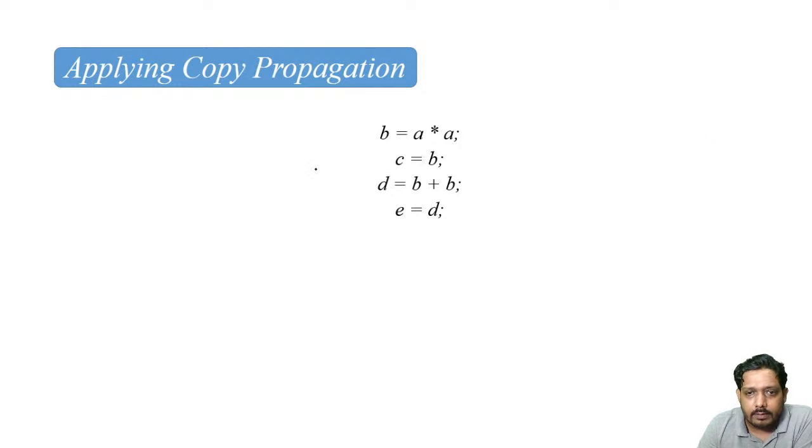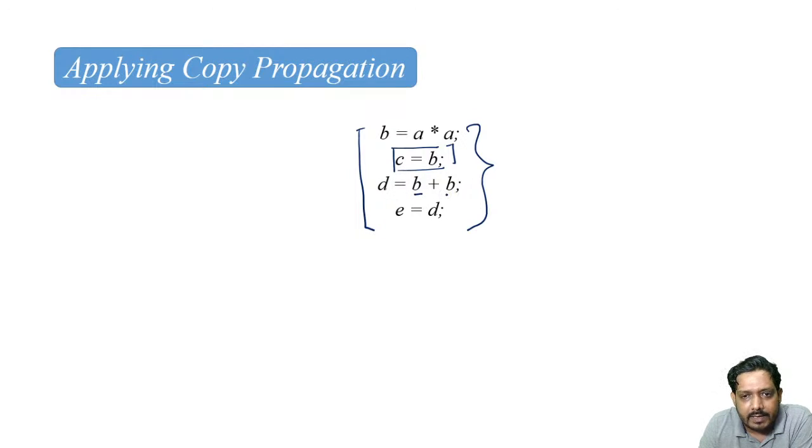Now, if you look at the assignment over here, C is equal to B. Within this basic block, no one is reading the value of C. Only B is being read over here, and then D is read over here.